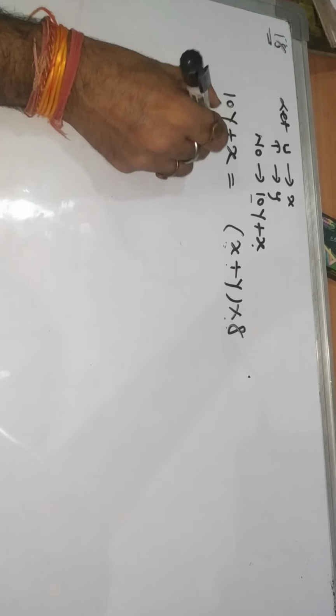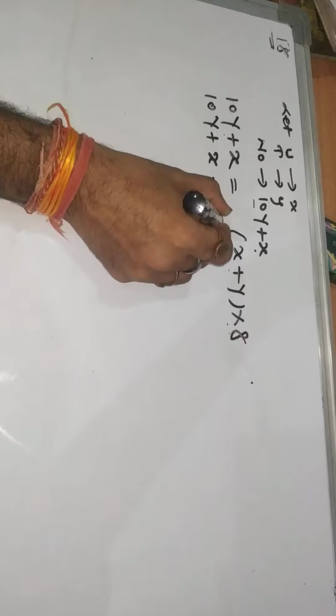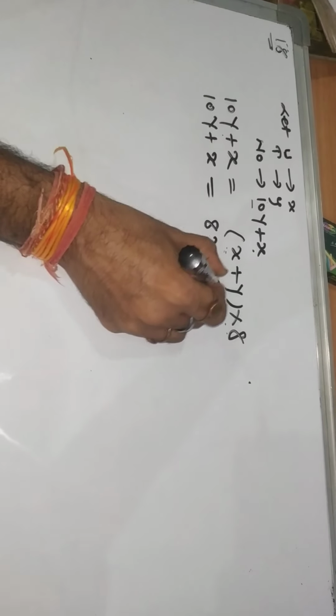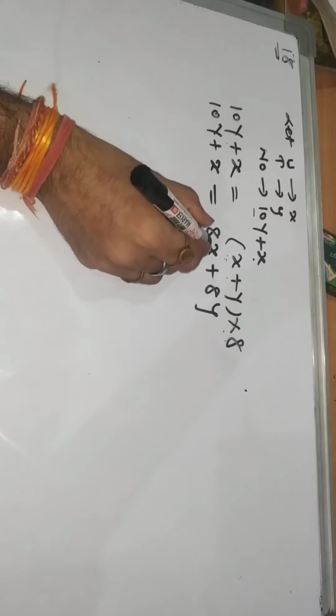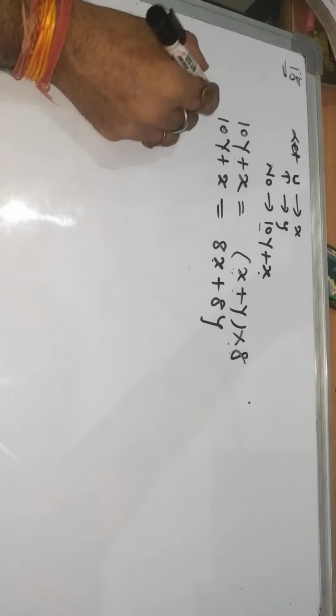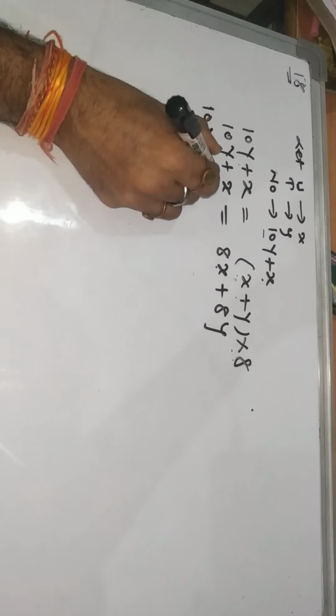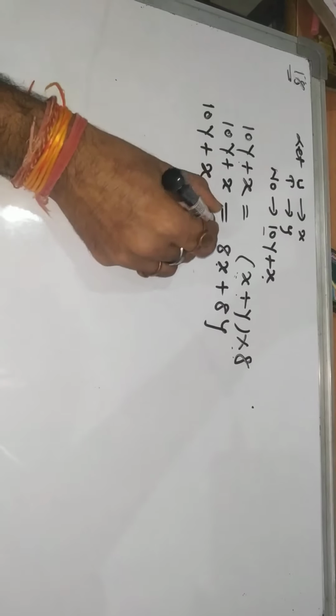Then the first equation is 10y plus x is equal to 8x plus 8y. सबको एक साइड ट्रांसफर करेंगे. Then 10y plus x minus 8x minus 8y equals 0, so minus 7x plus 2y equals 0.